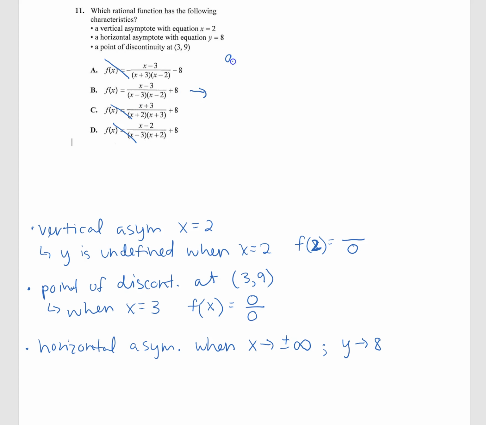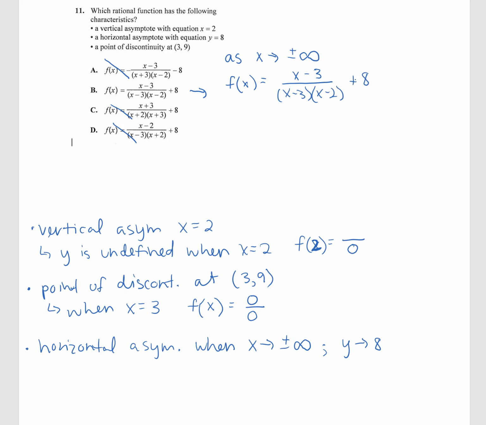So we're looking at the case as x approaches positive or negative infinity. I'm just going to think of the case when it approaches positive infinity for now. The function that we have, I'm just going to rewrite it, is f of x equals (x minus 3) over (x minus 3)(x minus 2), plus 8.